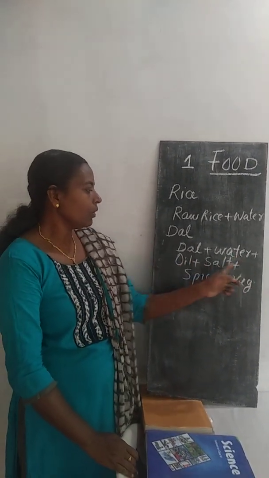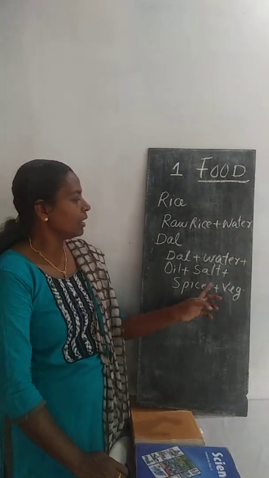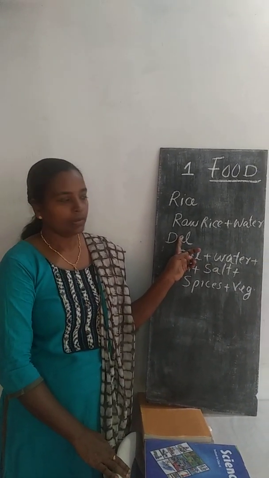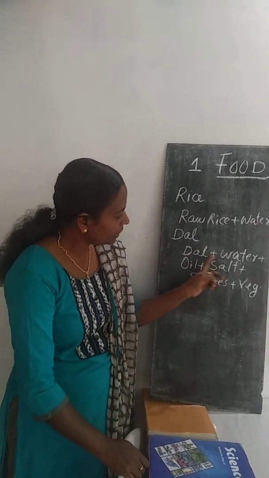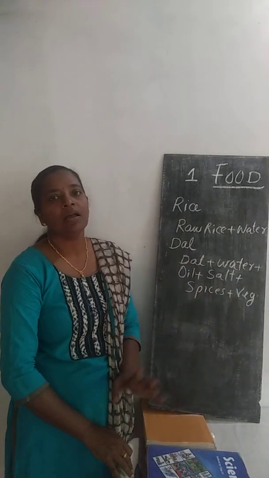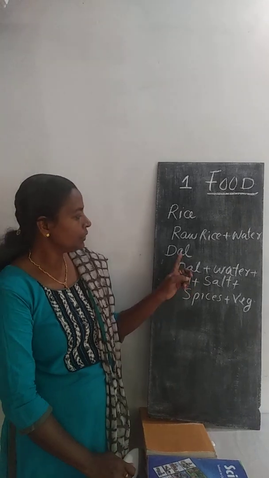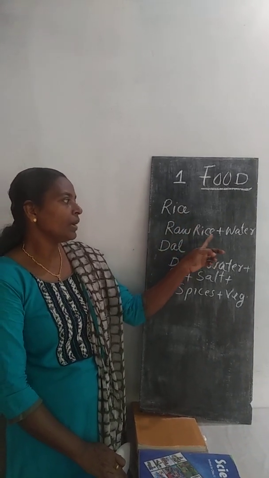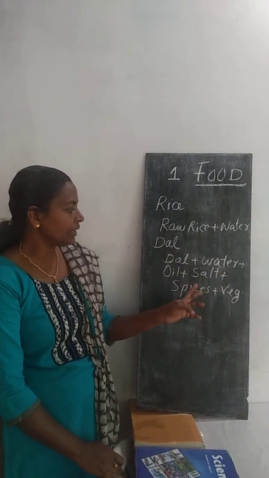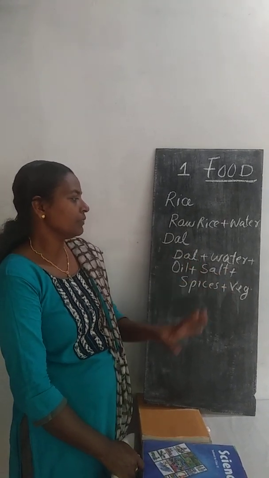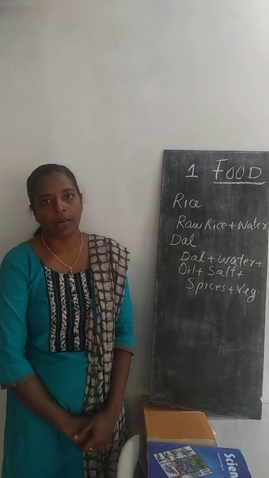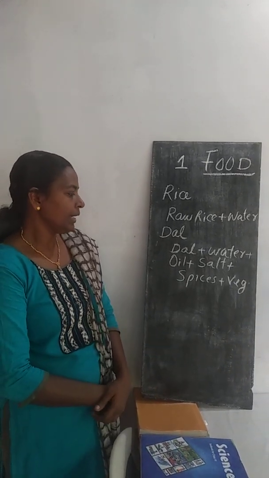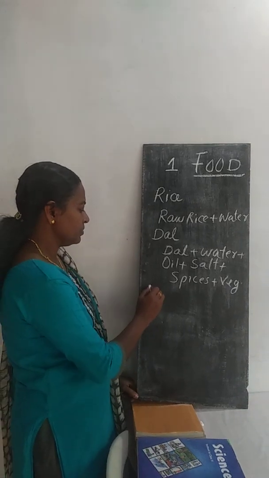All these things are the ingredients to make a dal curry. When we count, 1, 2, 3, 4, 5, 6 ingredients are there. For the first one, we added only 2 items, but in the second, we added 6 different items to make dal curry.